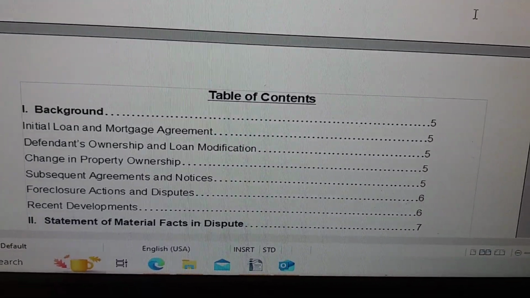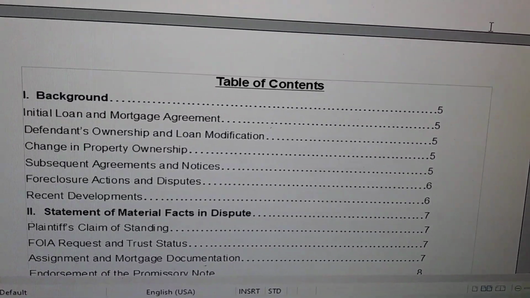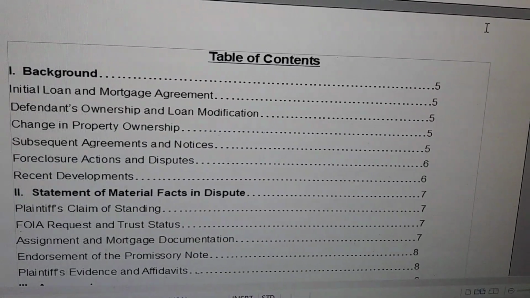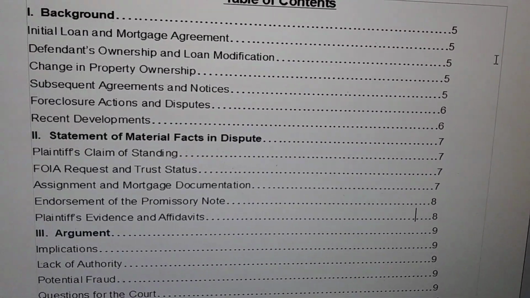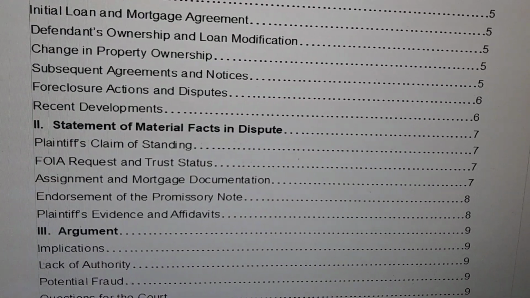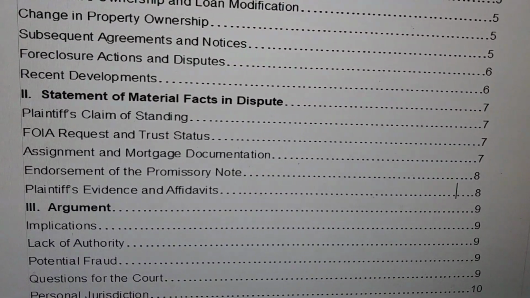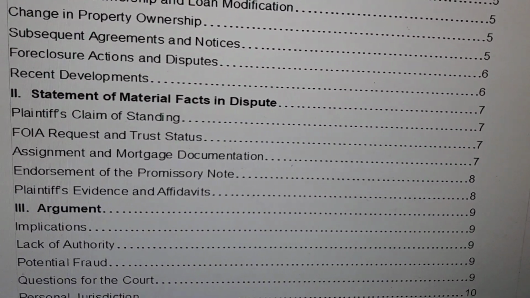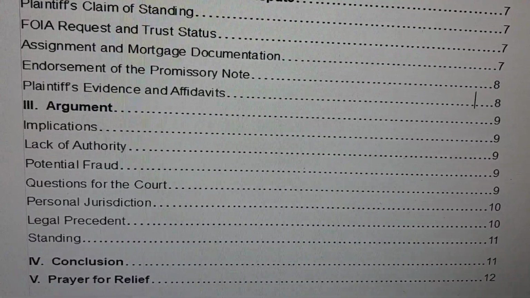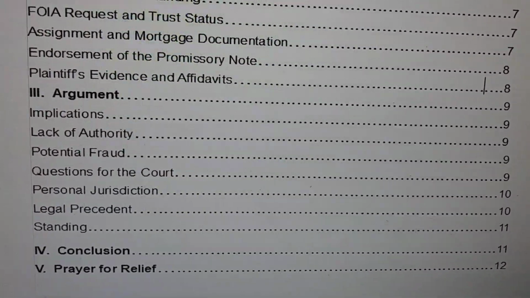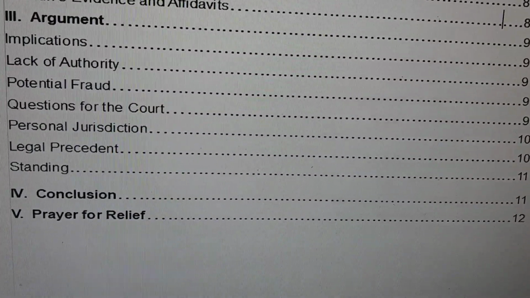As you can see, the table of contents here: background, initial loan and mortgage agreement, defendant's ownership and loan modification, change in property ownership, subsequent agreements and notices, foreclosure actions and disputes, recent developments, statement of material facts in dispute, plaintiff's claim of standing, FOIA request and trust status, assignment and mortgage documentation, endorsement of the promissory note, or lack of it I should say, plaintiff's evidence and affidavits, argument, implications, lack of authority, potential fraud, questions for the court, personal jurisdiction, legal precedent, standing, conclusion, and prayer for relief.